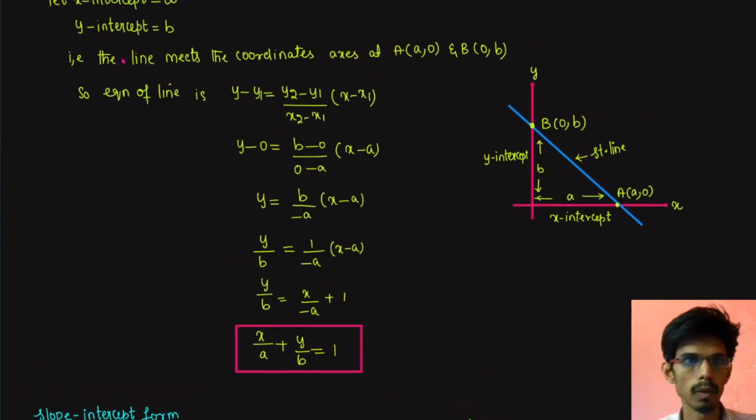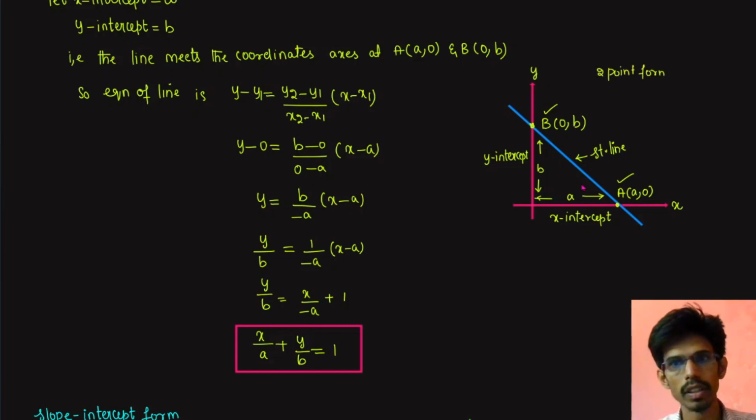Now the line meets the coordinate axes at A of a comma 0 and B of 0 comma b. Here we have these 2 points. Now the equation of the line can be obtained by using the 2 point formula. Here I am using the 2 point formula to get the equation in intercept form.